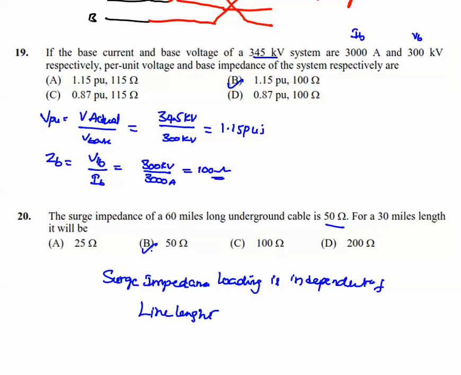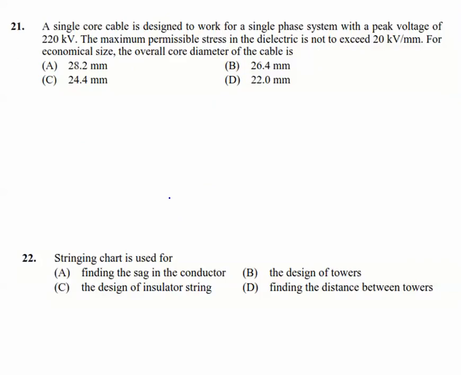Next question here, on the screen. The 21st question, a single core cable is designed to work for a single phase system with a peak voltage of 220 kV. So V max is 220 kV maximum voltage.